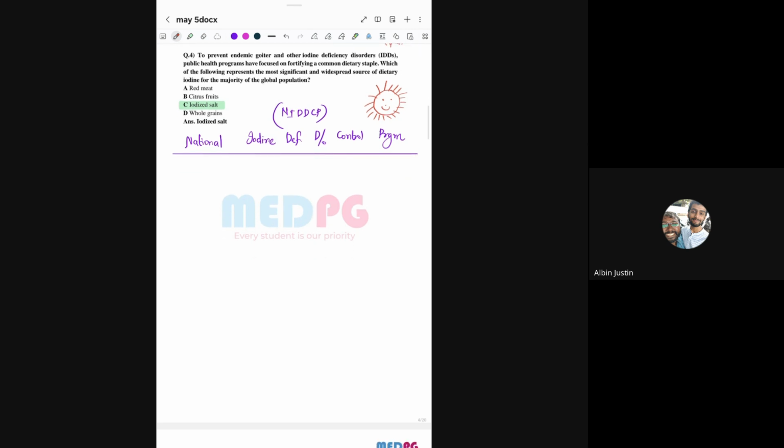Now, what is the target, what is the strategy, and what are the indicators? These are the three things that you need to know about any national program.